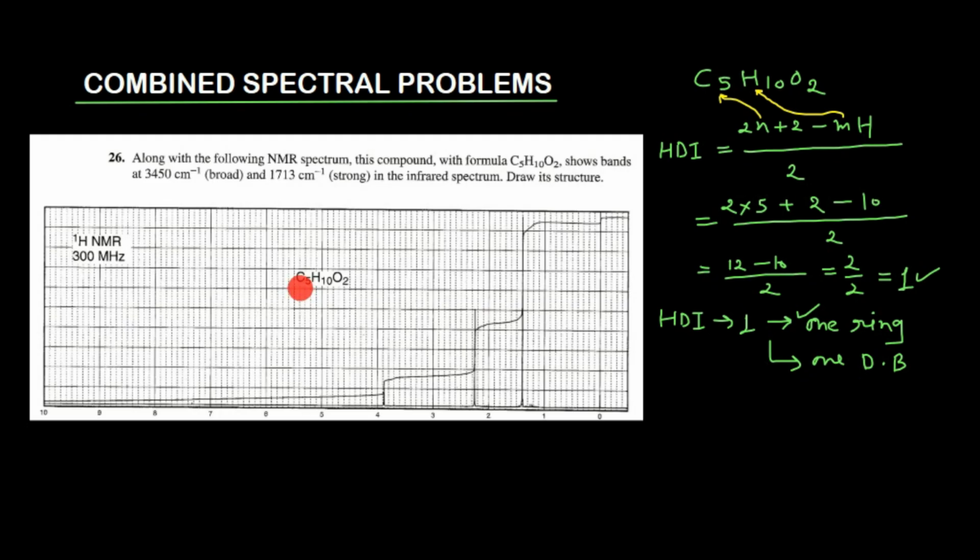So there is no possibility of benzene for this particular molecular formula, so we can discard that benzene structure. And along with the benzene, we can also discard the other heterocyclic compounds and the small ring compounds, because the proton NMR spectrum is quite simple and it is not giving any special information.